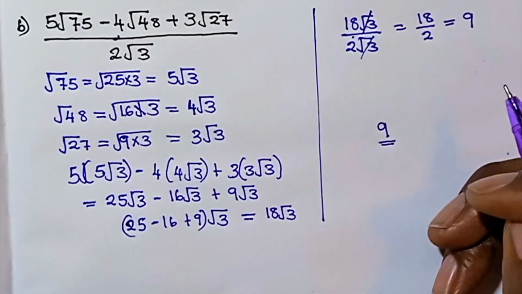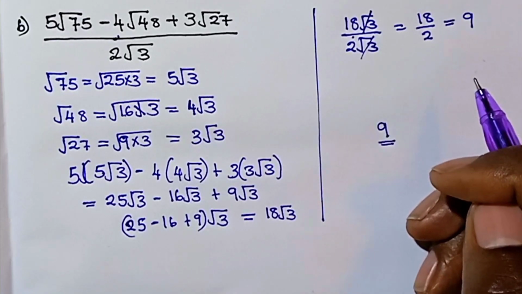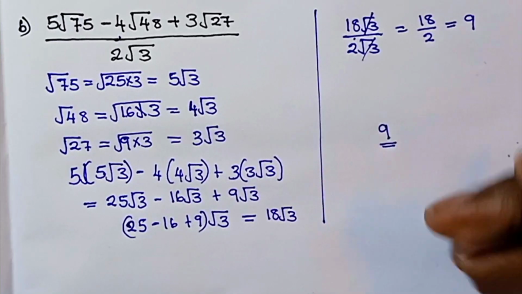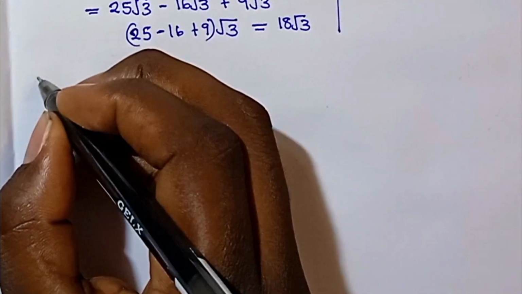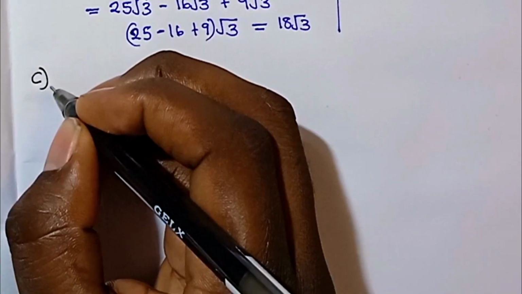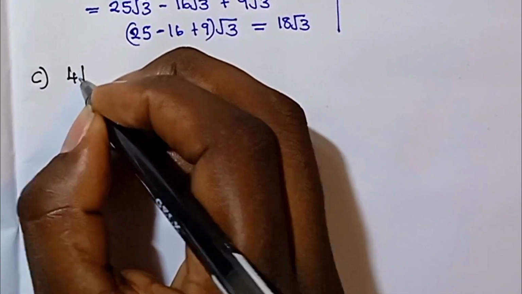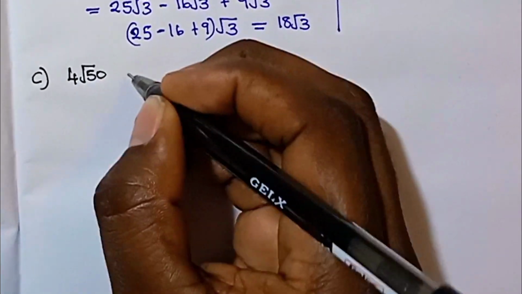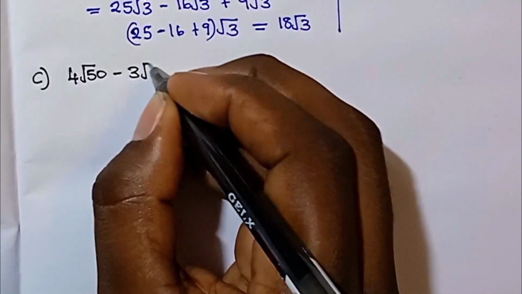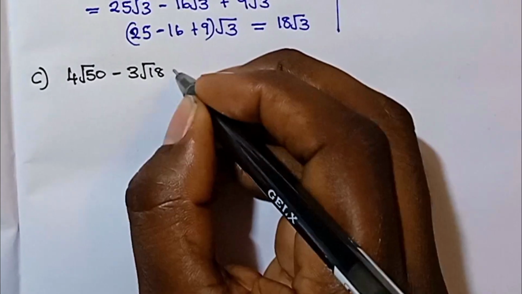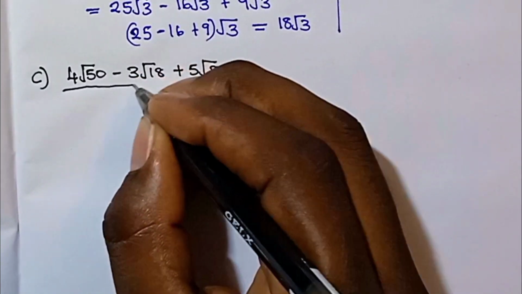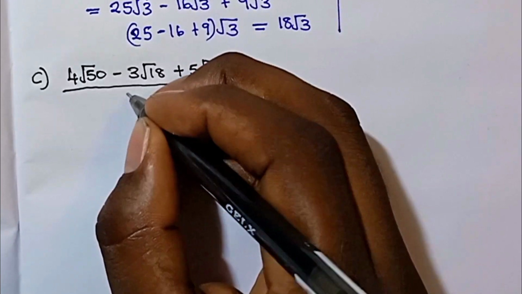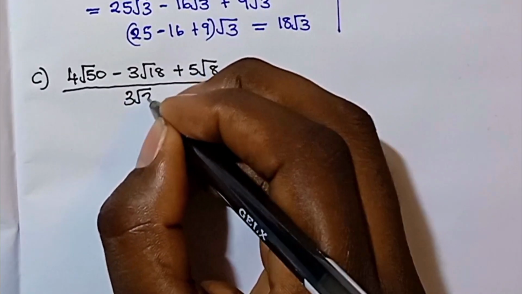I want to give you one for you to try, so I will just write it here. Try this, where we have 4 root 50 minus 3 root 18 plus 5 root 8, the whole of this divided by 3 root 2.